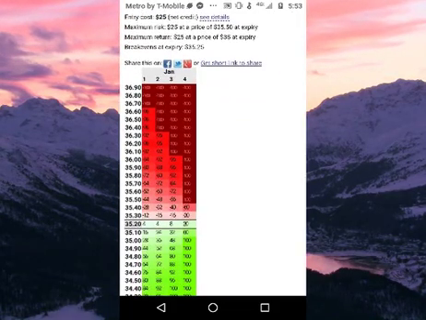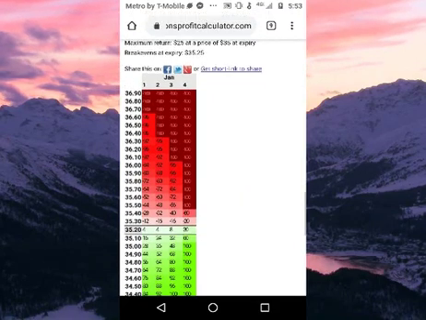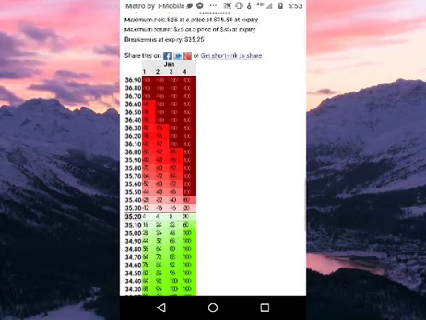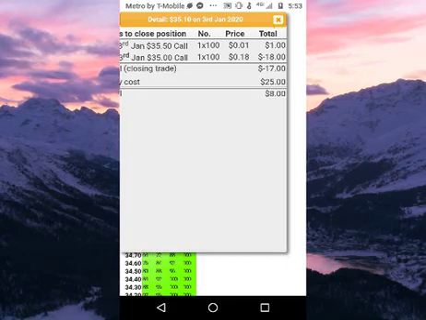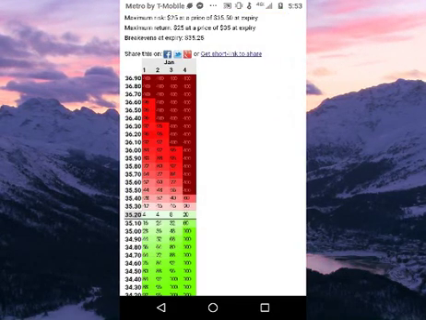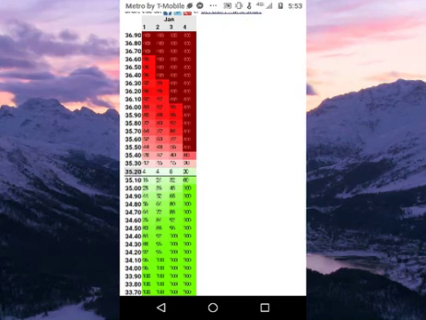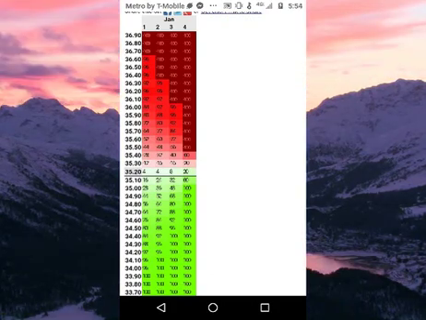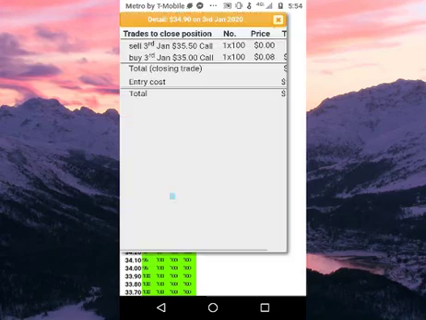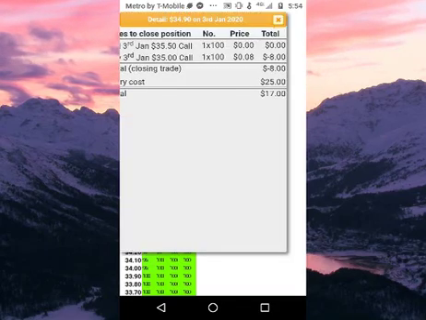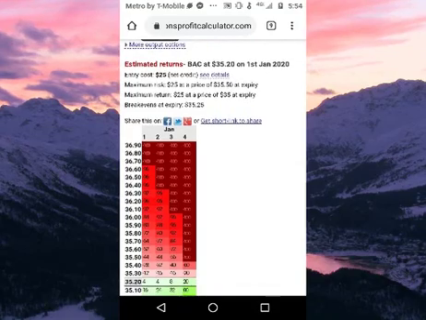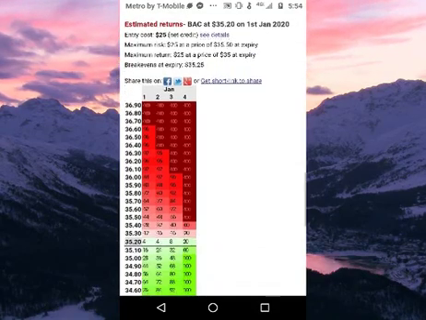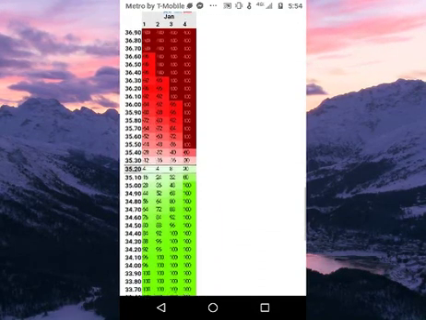Now let's look at the projection of the stock price. If Bank of America goes to $35.10, we make $8. Since this is a bearish position, we're making money as the stock price declines. At $34.90, we make $17. Our maximum return is going to be $25 at a price of $35.